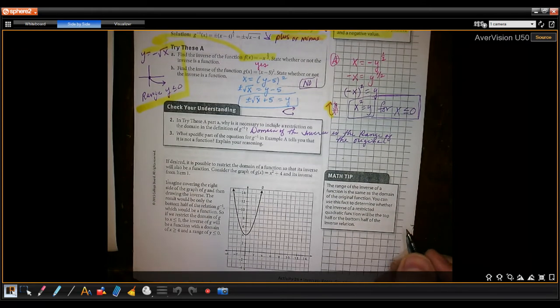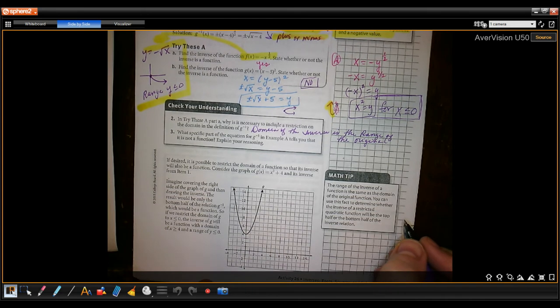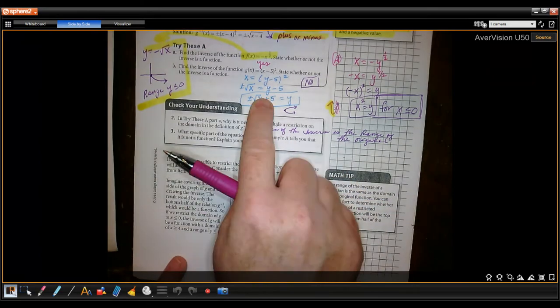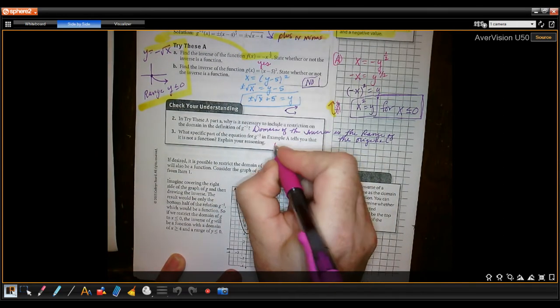All right. What specific part of the question or the equation of inverse of g in example A tells you that it is not a function? Explain your reasoning. Okay. So we just talked about that. It's the same thing as this one up here. So it was the plus or minus of the square root.